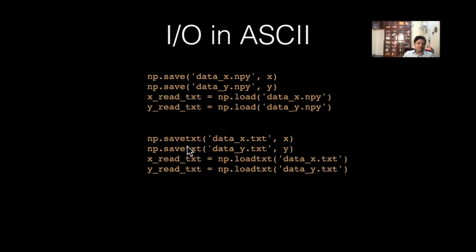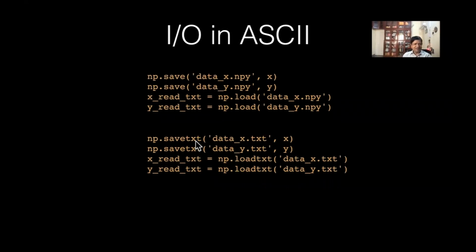Python also offers another set of functions for saving text. It's exactly the same as this, but instead of save, we have savetxt. Here the file name is .txt. The txt is not special; I can put anything you like. But it is not an NPY. NPY is a special file, but this txt is not.